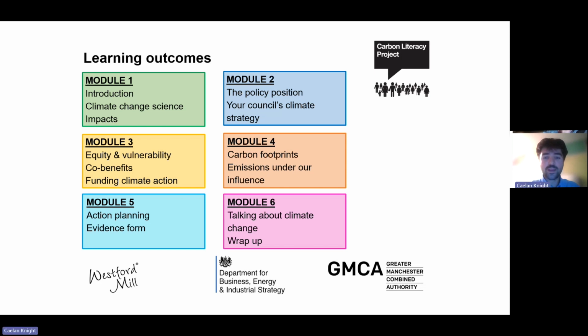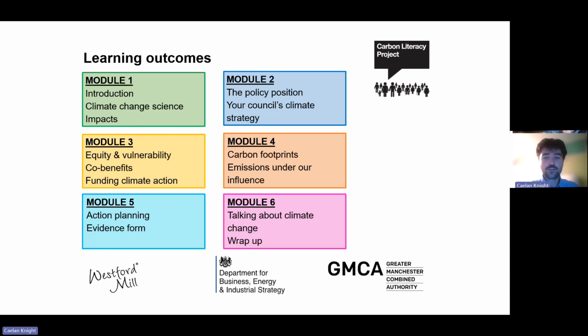A key focus throughout the training are the many wide-ranging co-benefits of taking action and case studies of how other parish, town and community councils are taking action themselves. Learners also explore their personal carbon footprint before moving on to work-based emissions under their influence and how they can integrate climate change decision-making into their role.